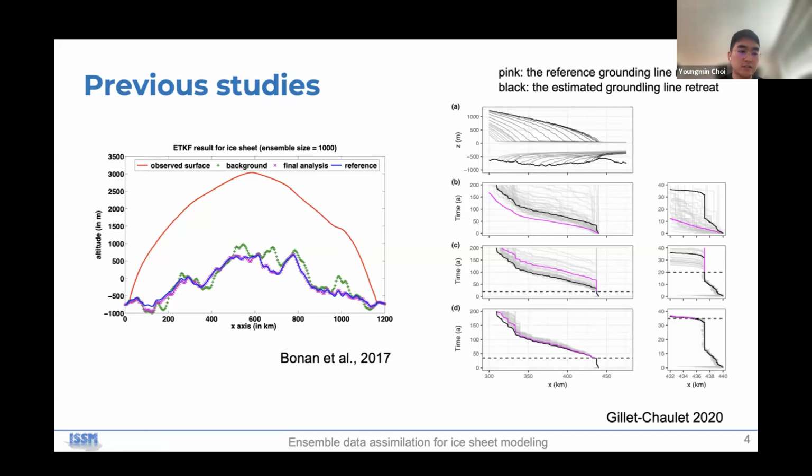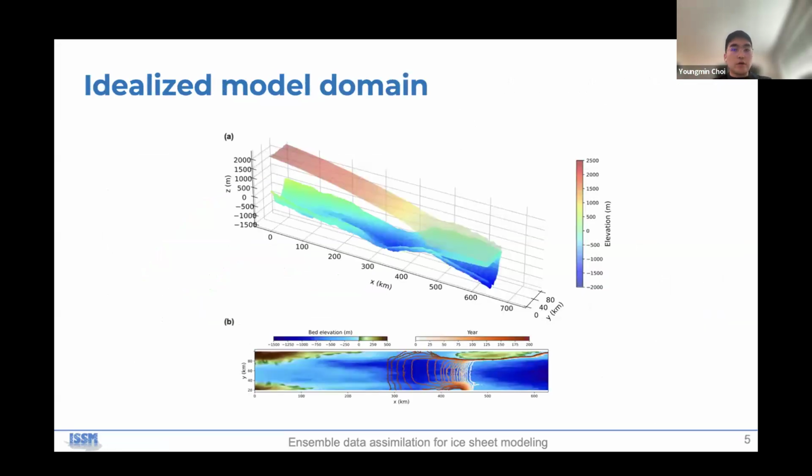So we built our study based on these two studies. We set up an idealized ice model domain with a plan view model, which is more appropriate for large-scale ice models. In this figure A, ice is flowing from 0 to 600 kilometers in this direction, and we have this downsloping bed topography between 300 and 400 kilometers on the x-axis, and floating ice where x is larger than 450 kilometers.